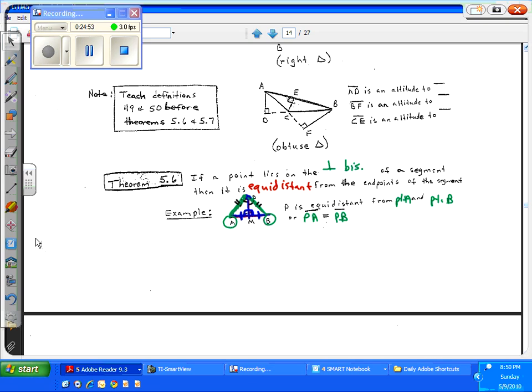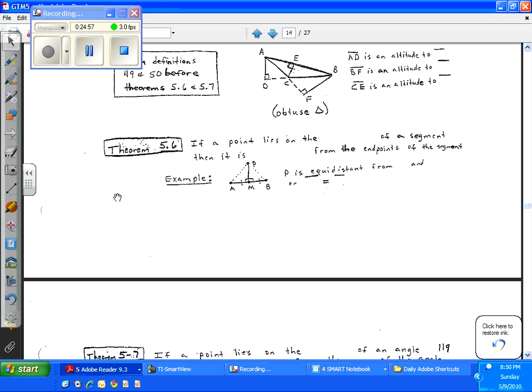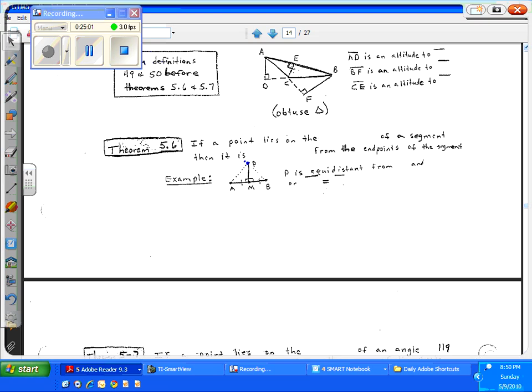One more run through. PM is a perpendicular bisector of AB. The theorem says if a point lies on that, it's equidistant from the endpoints. Notice no matter where it lies on that, it's equidistant from the endpoints.